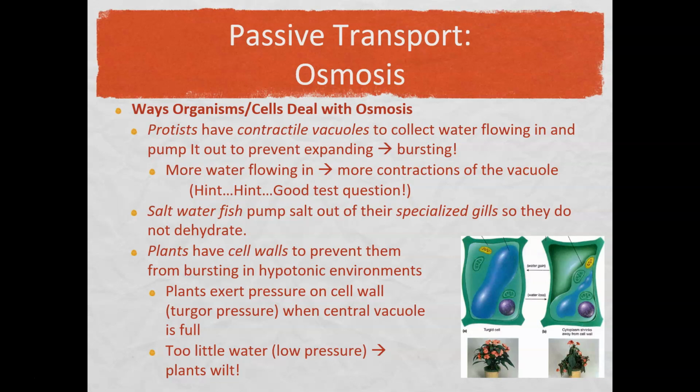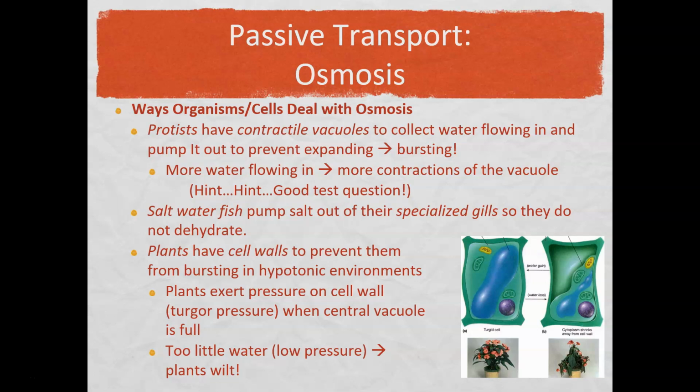Now, your plant cells will actually create this pressure inside their cells. As they are in that hypotonic environment, more and more water rushes in, it fills that central vacuole, that big structure there in the center of the cell, and as that central vacuole expands and fills with fluid, it ends up pushing out on the cell walls and it exerts this pressure, something called turgor pressure.